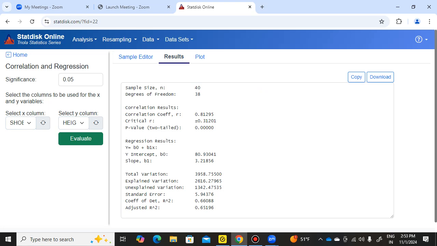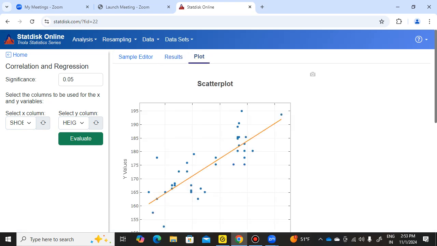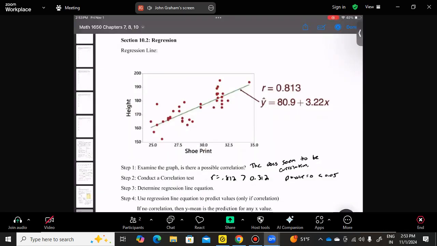And our p-value is equal to 0, which is less than 0.05. And we look at the plot, and we see it's pretty much the same plot we have on the paper. All right, so we do have a correlation there.